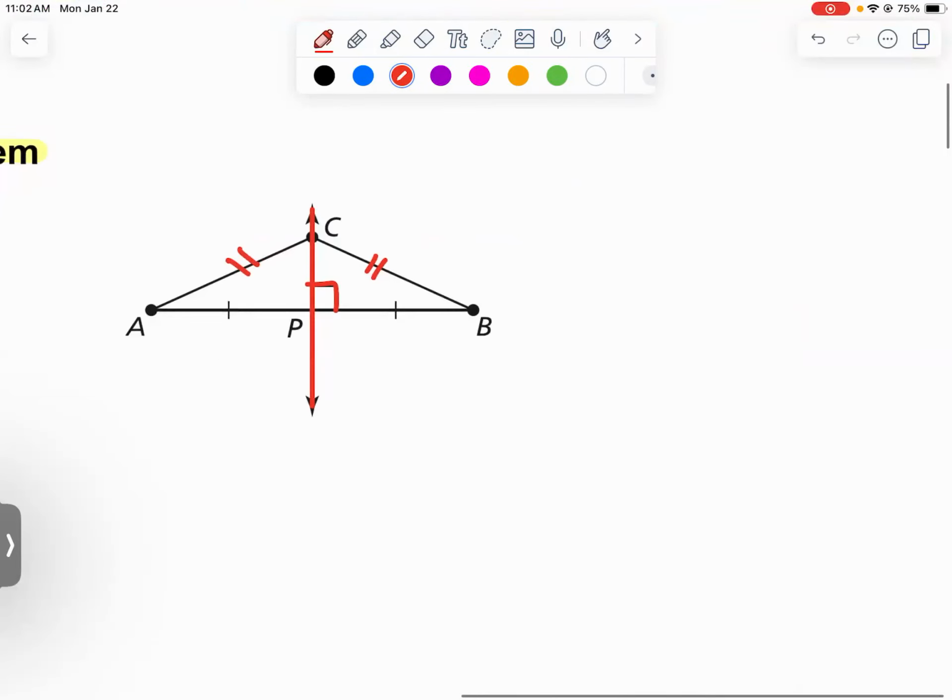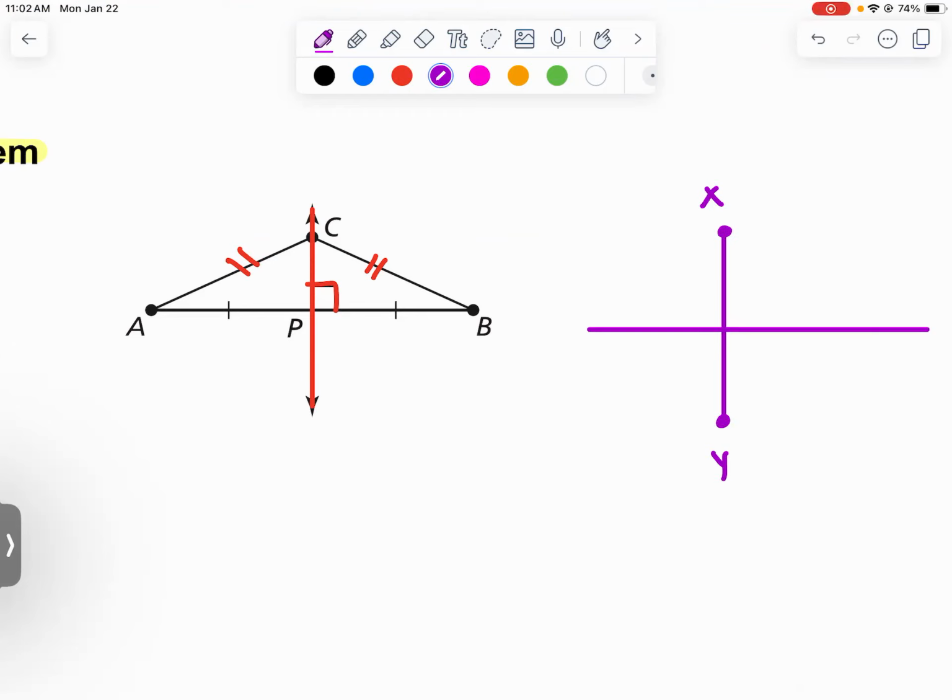Let me draw a picture here. Well, what if you put B out a little further? B can't be out a little bit further because then it's not a bisector. Here I have a perpendicular bisector.